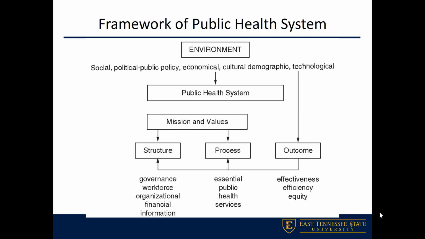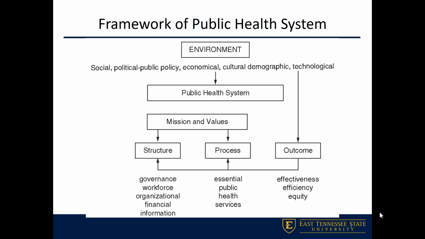Okay, when we look at the public health system, really the bottom part is what we're going to talk about now, the inputs and our outputs and the outcomes of those. So our inputs for the public health system relate to our structure.